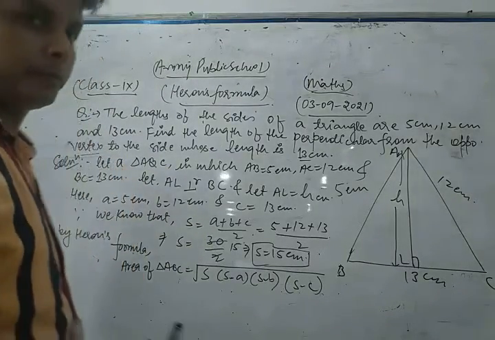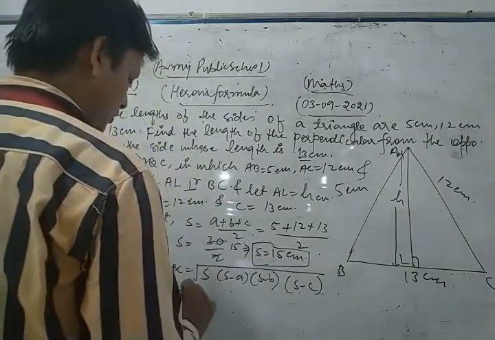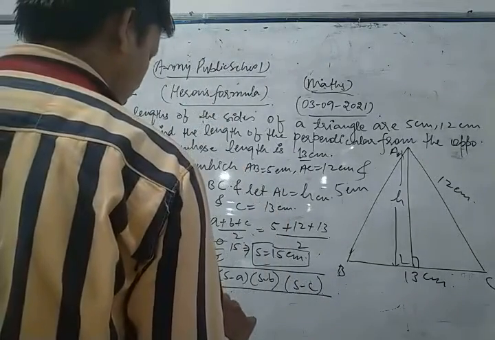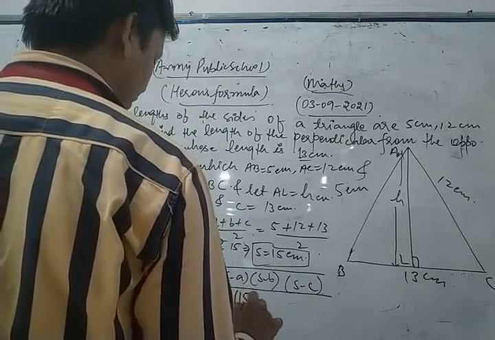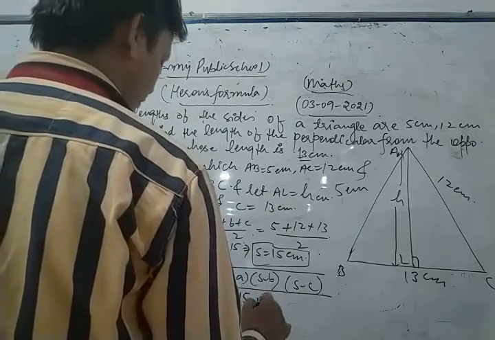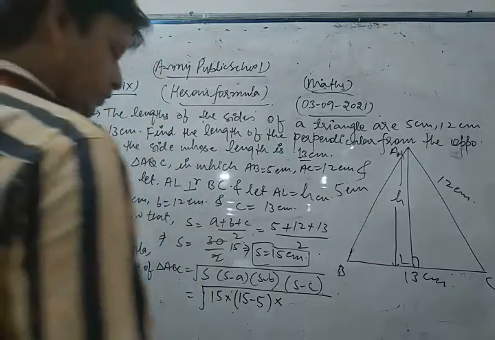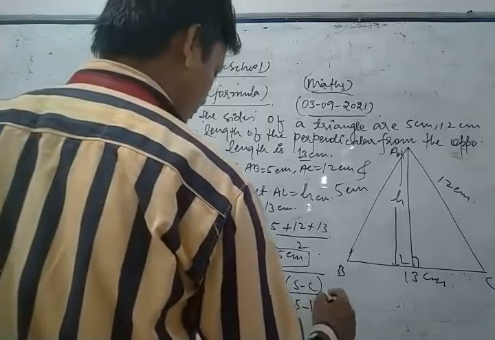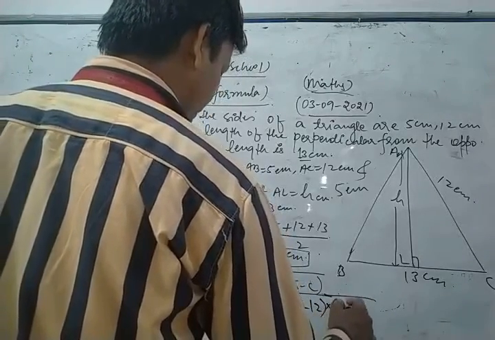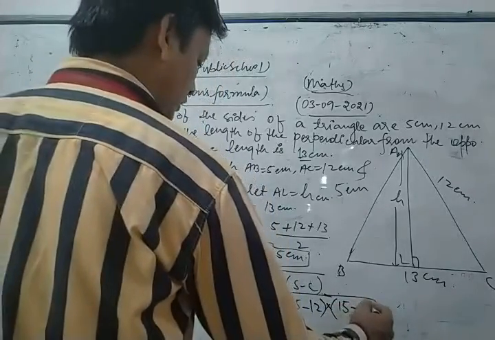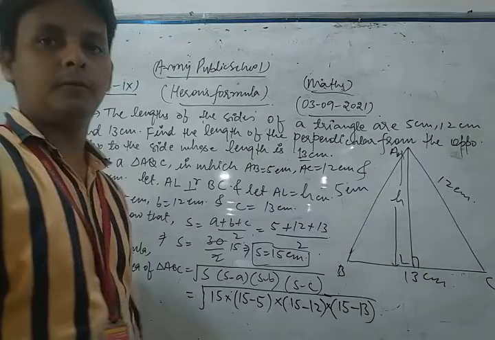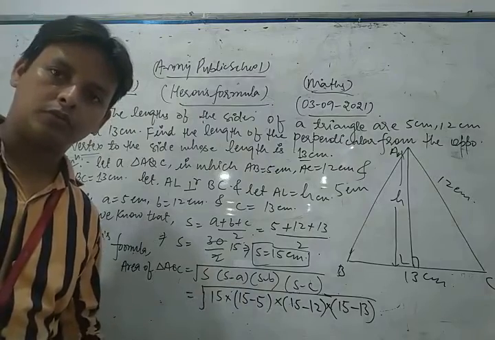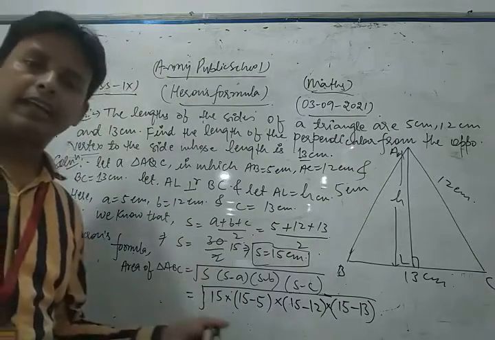Now we put all the values. s is 15, into s minus a, 15 minus 5, into s minus b, 15 minus 12, into s minus c, 15 minus 13. First of all, we put all the values in the given formula.